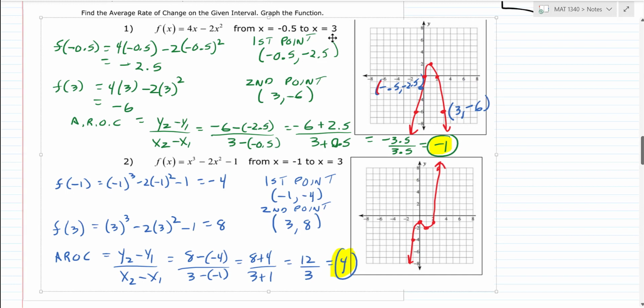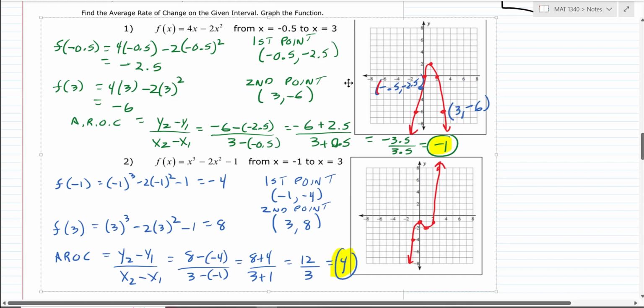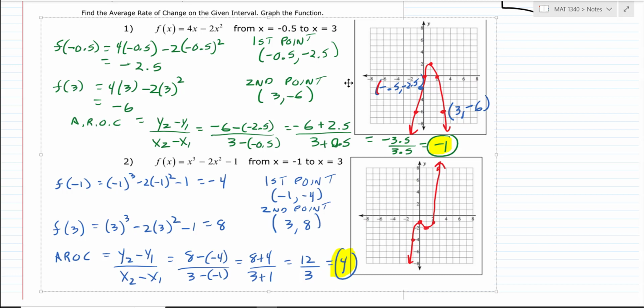Okay, so the first one's negative 1. Now, I want to show you all a couple of things on your calculator, because the number one thing I was seeing is students messing up with getting those y values. Part of that is how you write it. When I am evaluating 4x minus 2x squared, I use parentheses with a variable step.